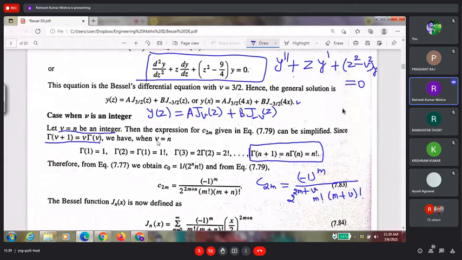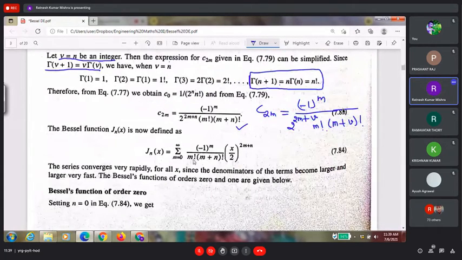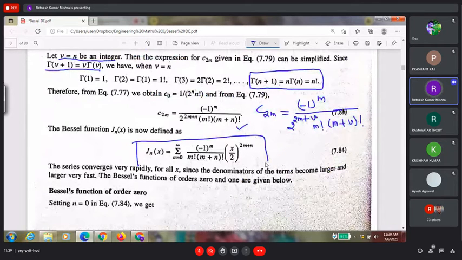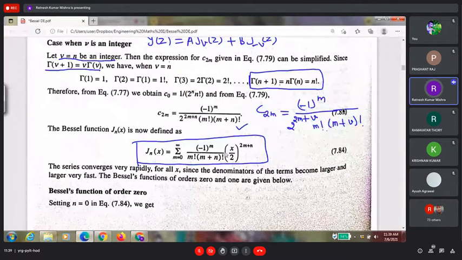So when v is integer n, C2m is (minus 1) to the power m, 2 to the power 2m plus n, factorial m and factorial (m plus n). So therefore, corresponding to that, we can write the Bessel function Jn. Replace v with n.